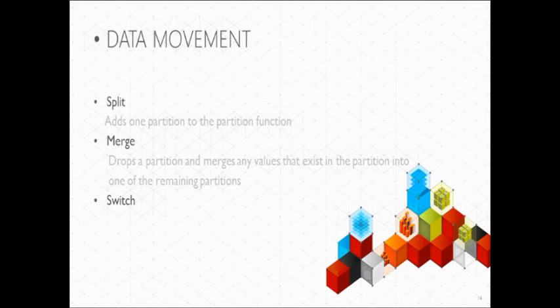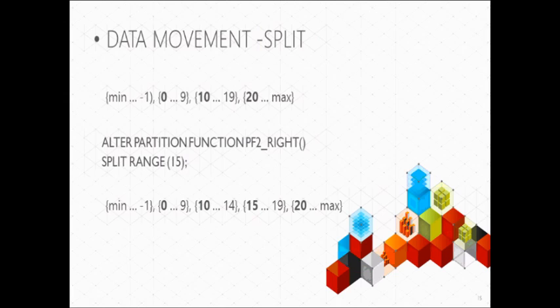To do this, you can use split and merge to change the partition functions. Also, you can use switch operations for the partitioning. You can add a single boundary value using the split keyword in an alter partition function.